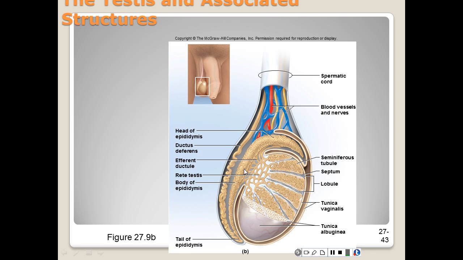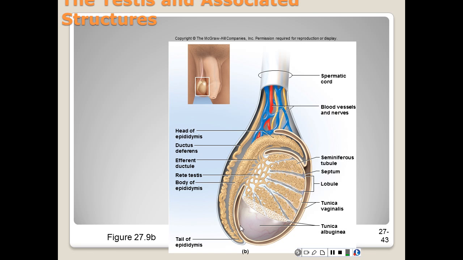Of course, when you look at the epididymis, it has a club-like head, a medium-sized body, and then a very slender tail. It consists of a single coiled duct about 6 meters long, or 18 feet long, embedded in connective tissue.